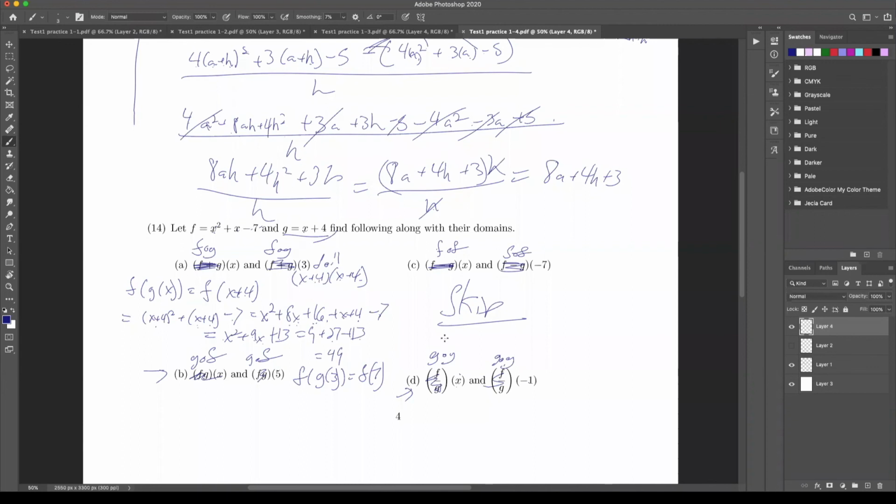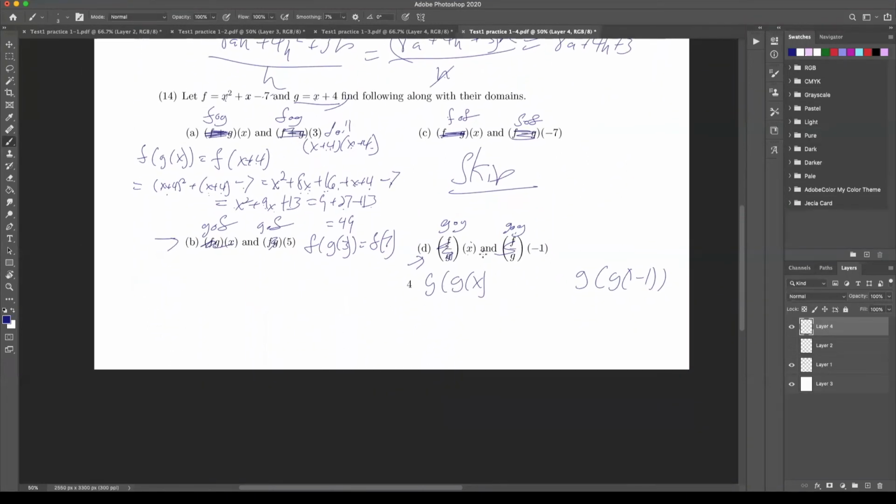Once we get answers for g of g of x and g of g of minus 1, I'll do this one with you, and we'll call it a day. Someone got x plus 8, so let's do it. Here we have g of g of x.